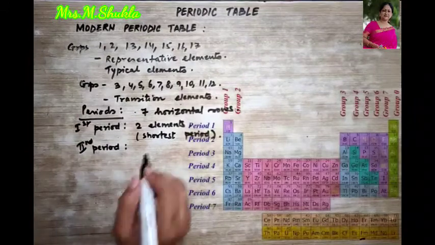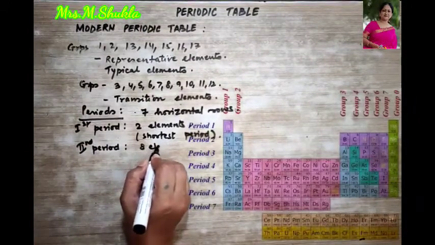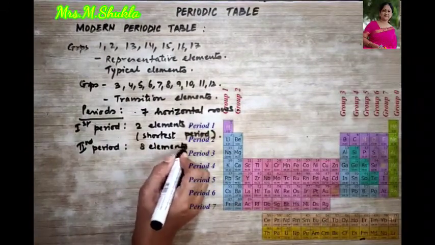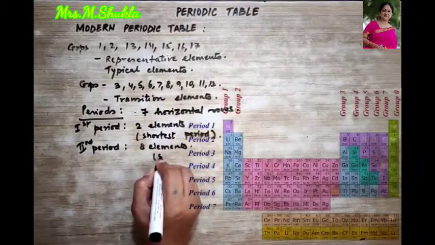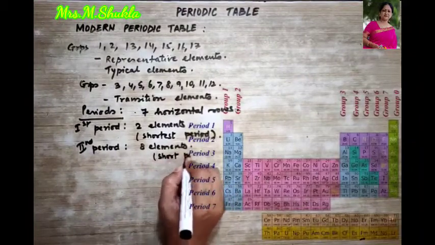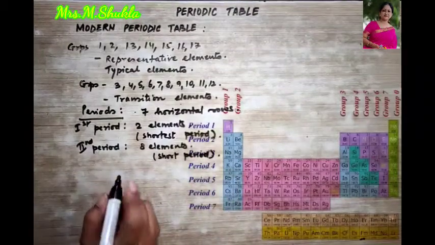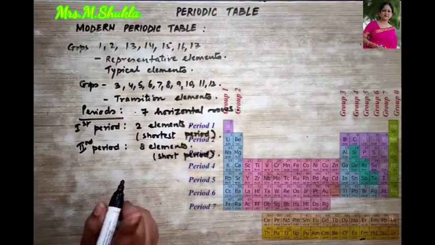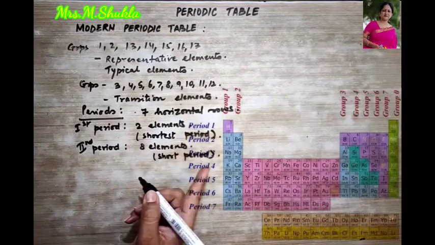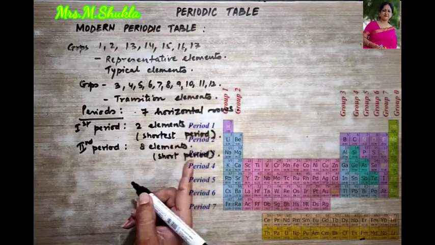The second period has 8 elements, and this is called a short period. The elements present over here are known as bridge elements.